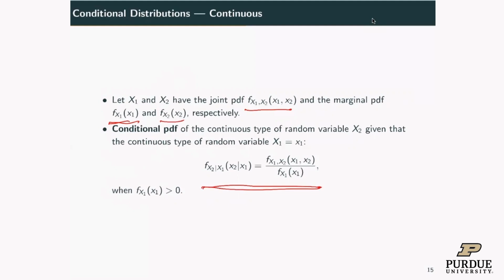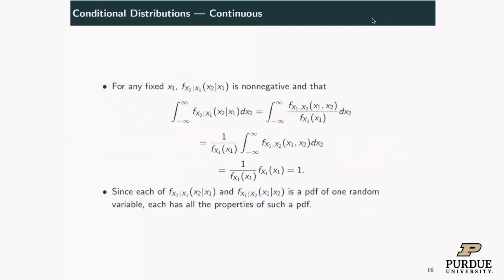So I know some information. The numerator is the joint PDF. The denominator is the marginal PDF of x1. If you take the ratio, it will give you the conditional PDF of x2 given x1.